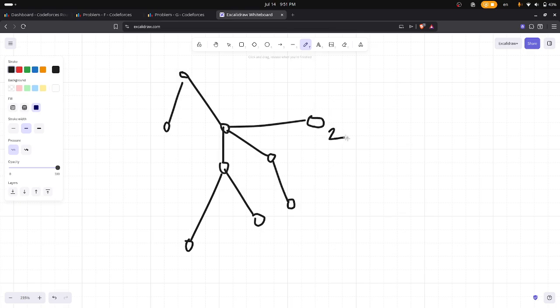So this will be 2 and this will be 5, 5, right? Then this can be any order. 1, 2, 3, 8. This can be any. It's 1. It's a 3 and this 4. It's possible, right?